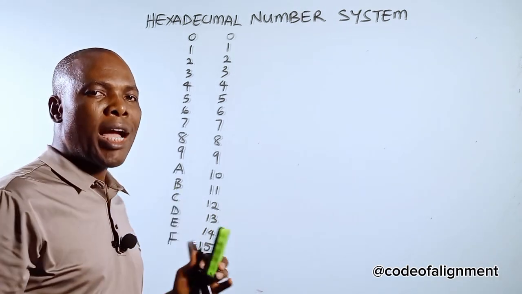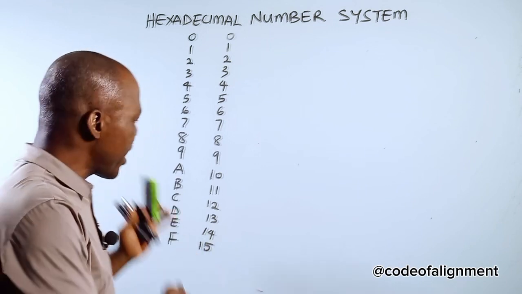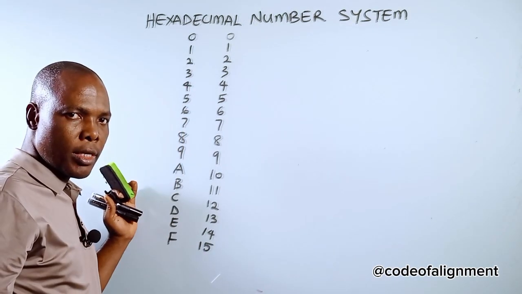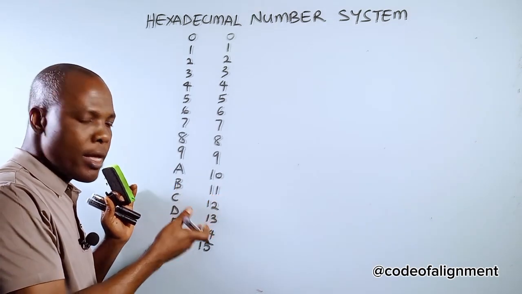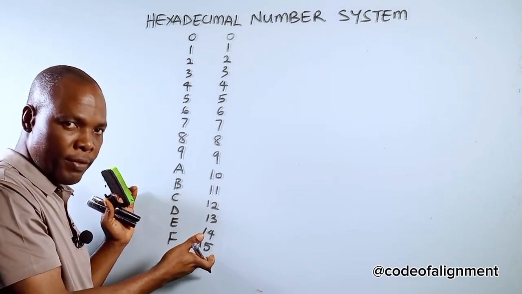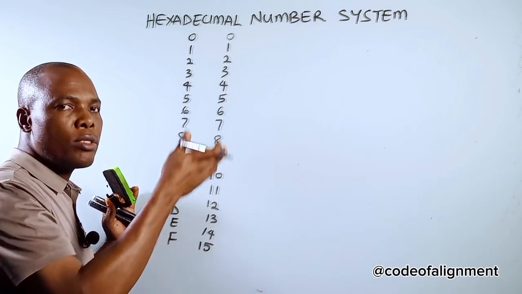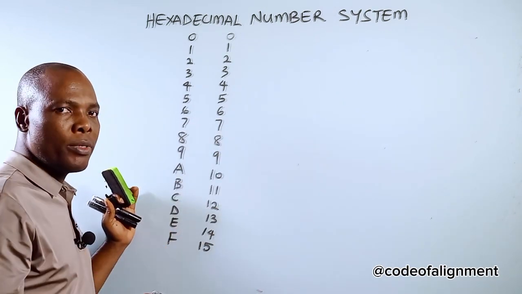Now, if I'm going to count 16, how do I write it using these numbers? When you look at it, we only have 16 digits, and the last digit has represented 15. Now I want to count number 16. How do I represent it?